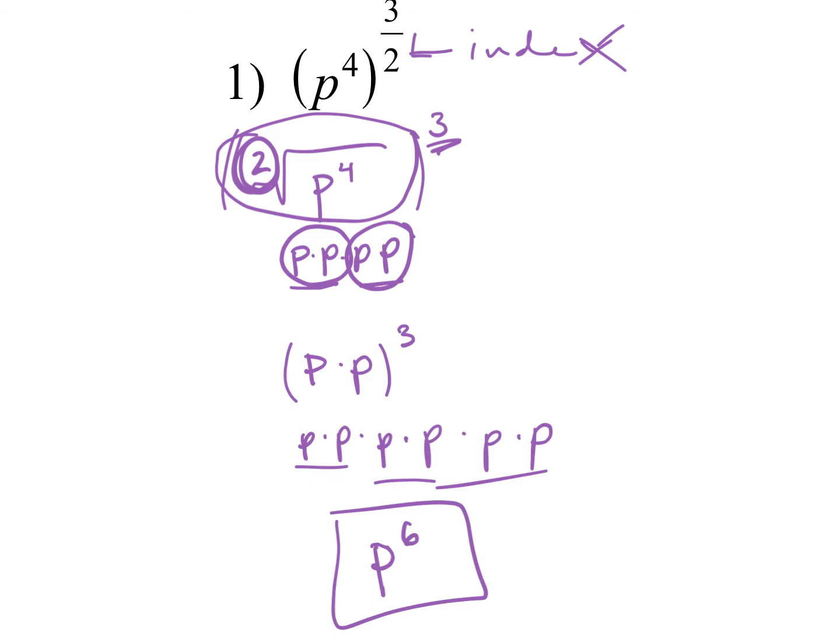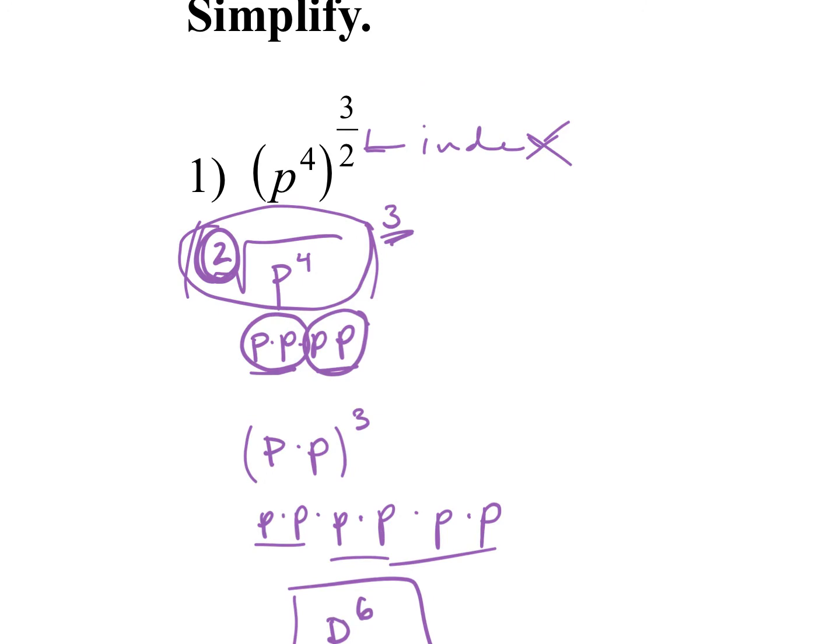Another way we can do this, when we just have one variable inside of our parentheses, we can just multiply our exponents together. So we can say 4 times 3 halves. So this is like saying 4 over 1 times 3 over 2.